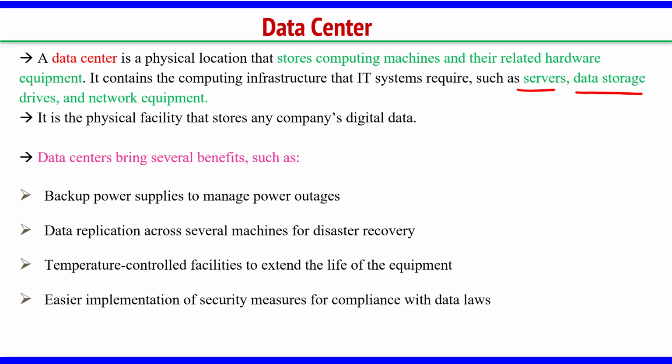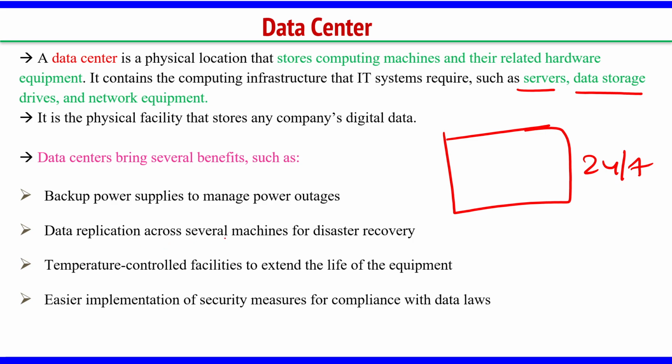There are a lot of benefits with these data centers. What are those? It supplies backup power supplies to manage power outages. A data center's task is to have a 24/7 power supply, so that when services are accessing the data, it should be able to provide it. So backup power is also supplied through a data center.